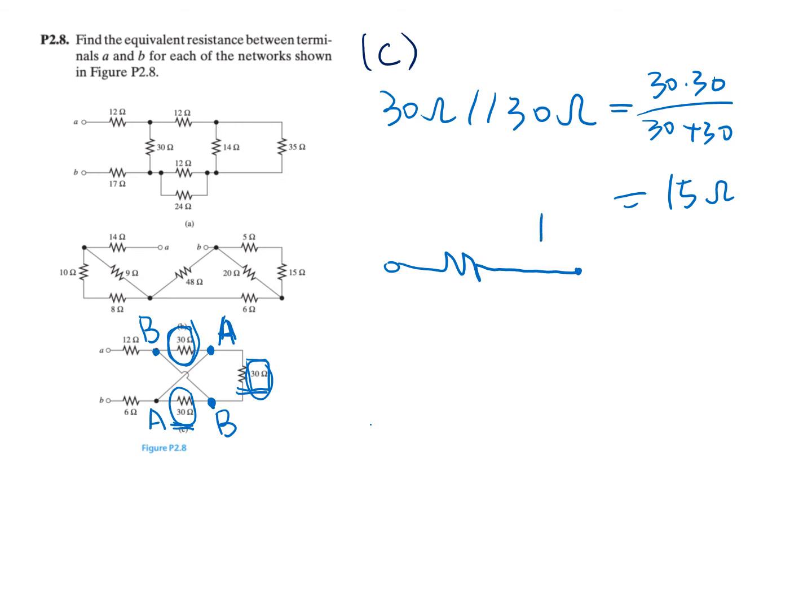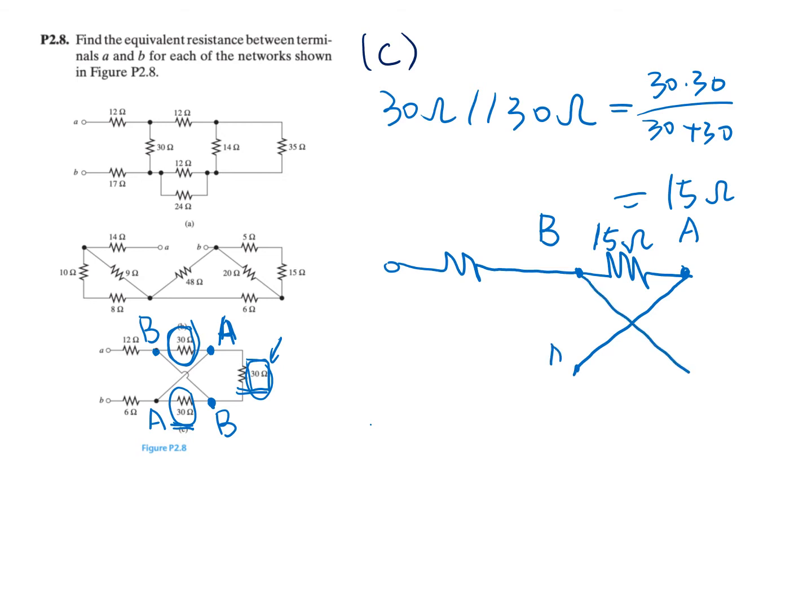This is node B, and this is node A. This is not changed, and this is our new combined 15 ohm resistor, and this one now is gone. We have the wire connected here, wire connected here.